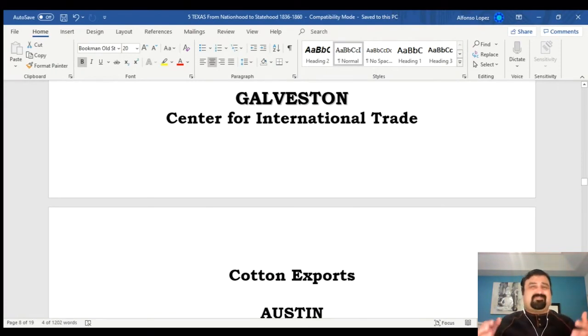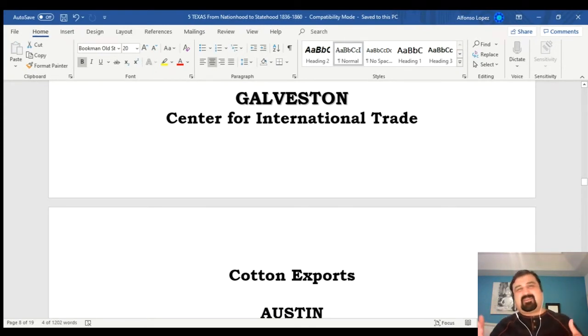We're also going to see Galveston, another city that arose during the Texas Republic. Galveston was built by a private company, by the way, and its purpose was to serve as an exit point for the export of products and goods produced in Texas.